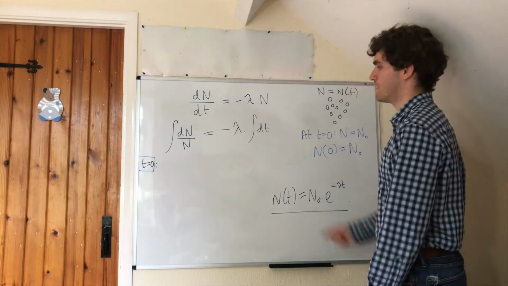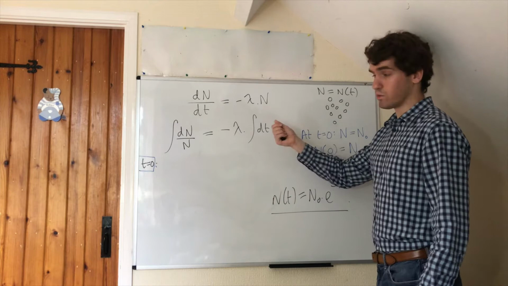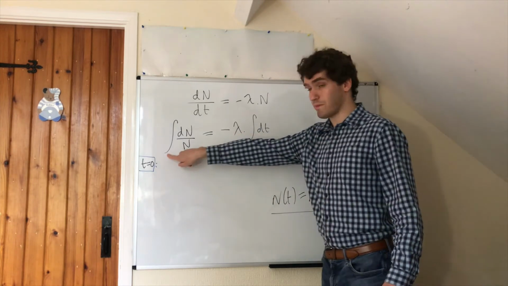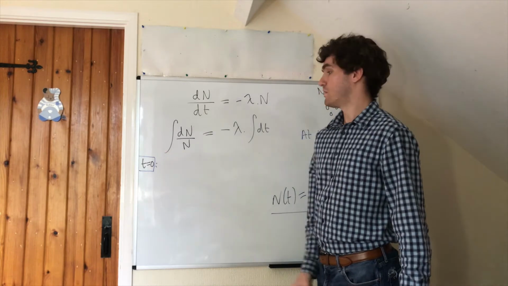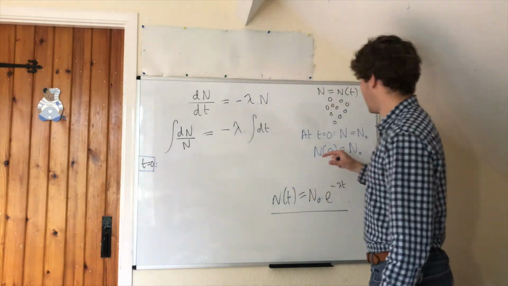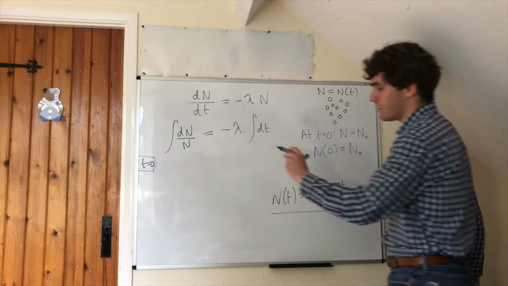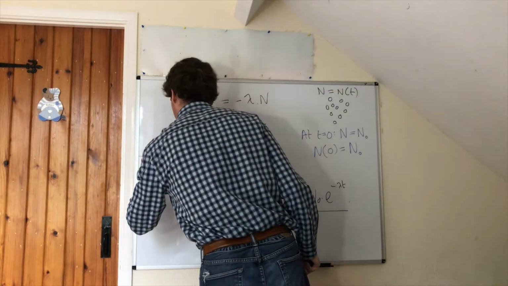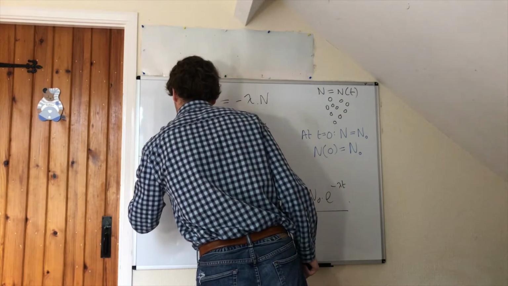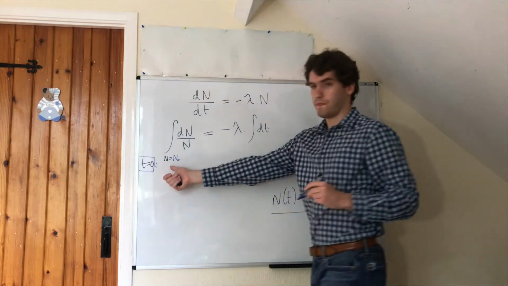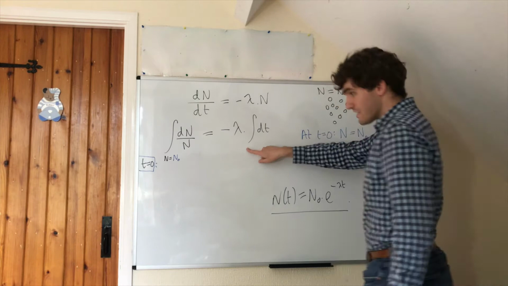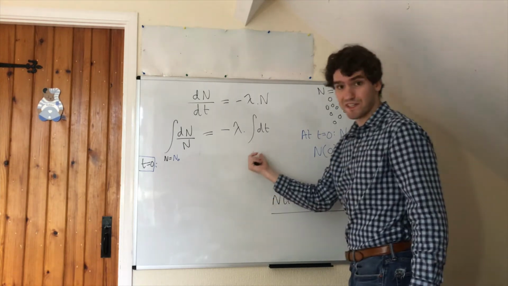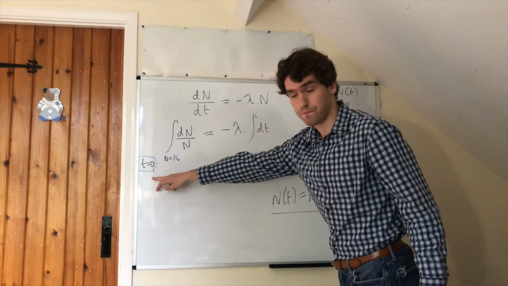Now what you say is, at t equals 0, what is the lower limit of n? What is n equal to at t equals 0? Well, at t equals 0, n is n naught. So I'm going to put n equal n naught in my limit here. On my dt, again, I put the value of t when t equals 0.